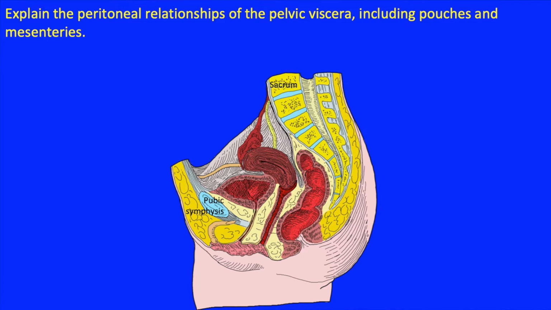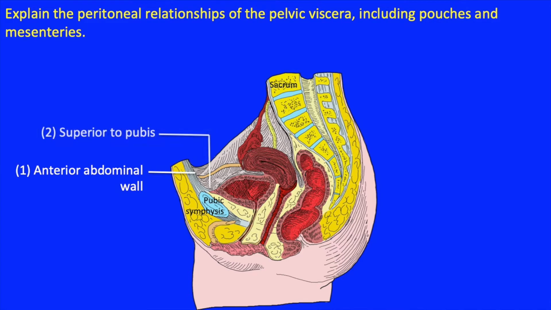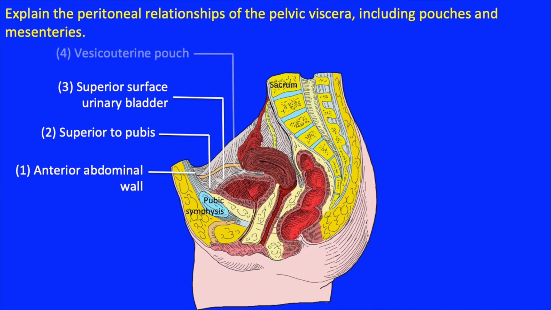First, let's trace the parietal peritoneum in the female pelvis, shown here in a drawing made from a sagittal section. The parietal peritoneum starts in the posterior abdominal wall to pass just superior to the symphysis. It covers the superior surface of the urinary bladder, then passes from the superior surface of the urinary bladder to the uterus, where it forms the vesicouterine pouch.